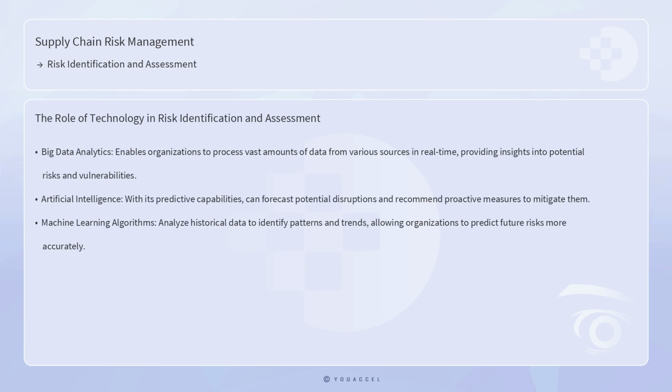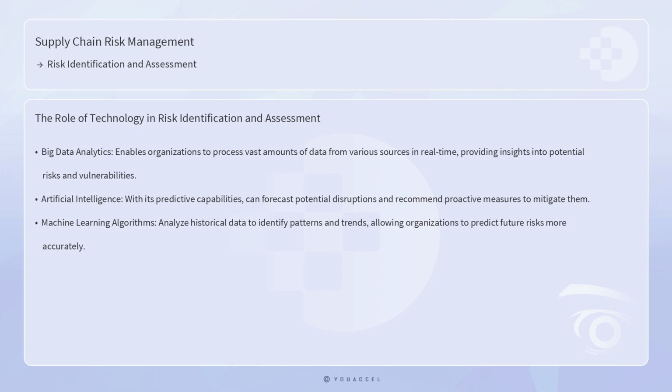The role of technology in risk identification and assessment cannot be overstated. Technological advancements, such as big data analytics and artificial intelligence, have revolutionized the way organizations identify and assess risks. Big data analytics enables organizations to process vast amounts of data from various sources in real time, providing insights into potential risks and vulnerabilities.